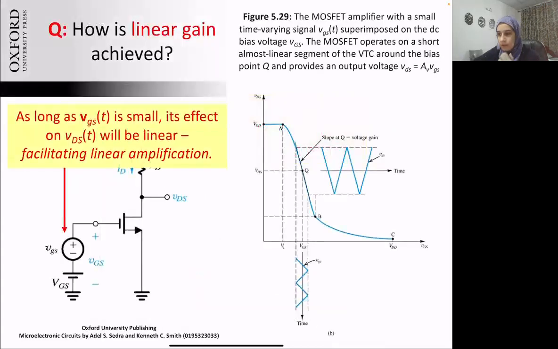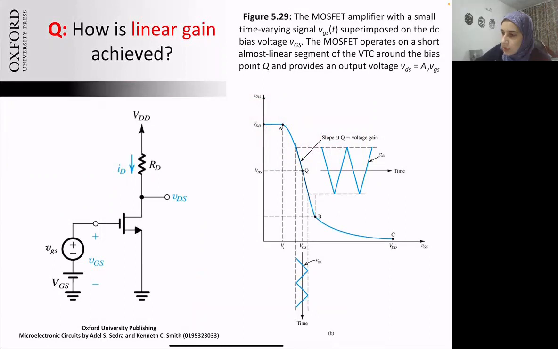If you look at this circuit, I have an NMOS here. This is the gate, this is the source, and this is the drain. Okay, so I have a DC voltage that is basically a large voltage.